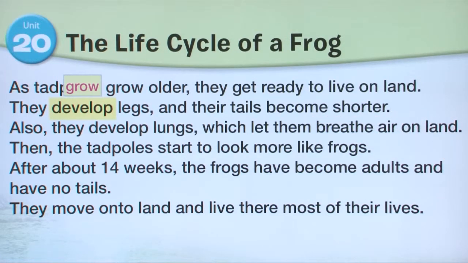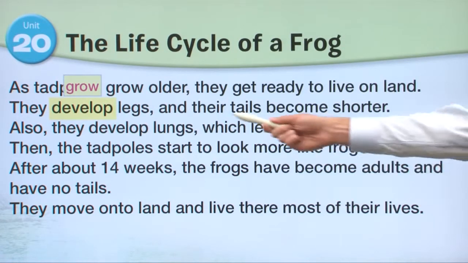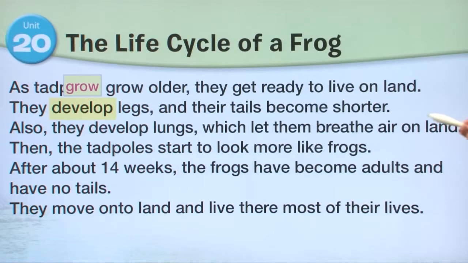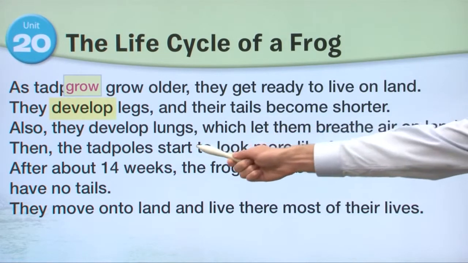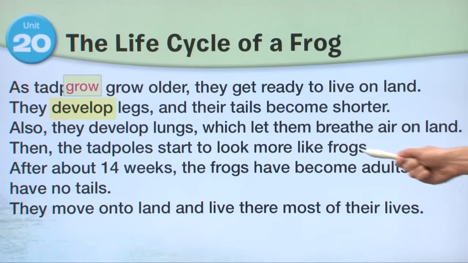They get shorter and shorter. Besides developing legs, they develop lungs, which they need in order to breathe air on land. Then, after these things start to take place, then the tadpoles start to look more like frogs, or they start to slowly resemble frogs.